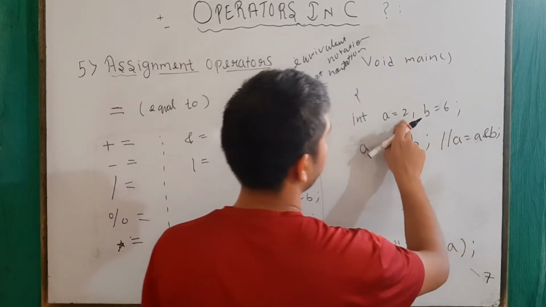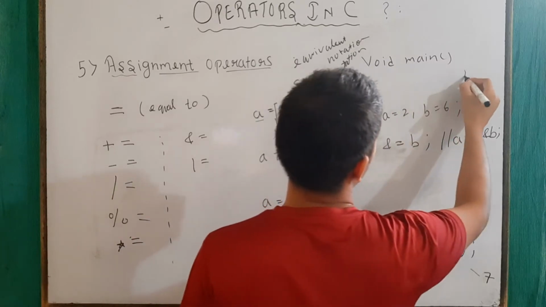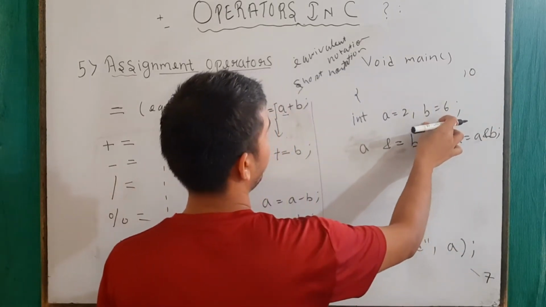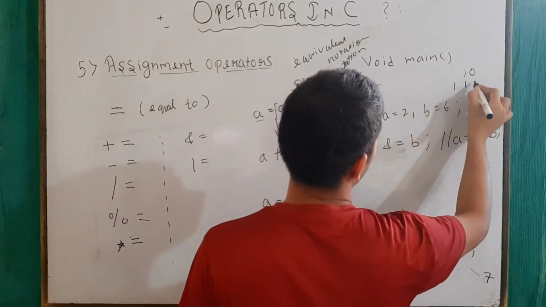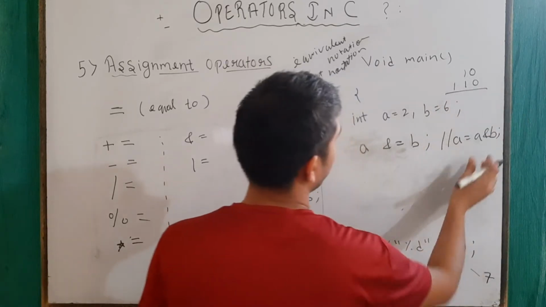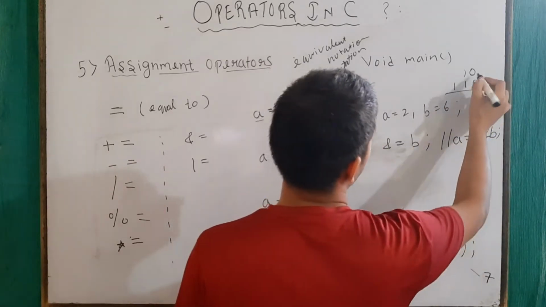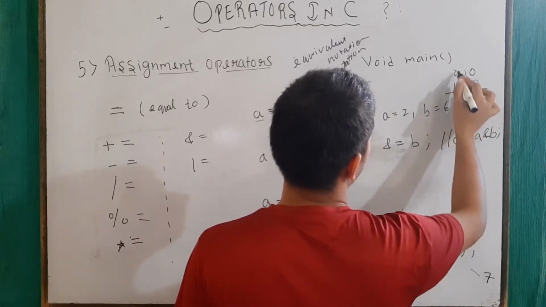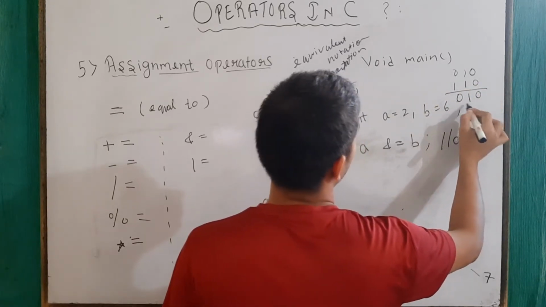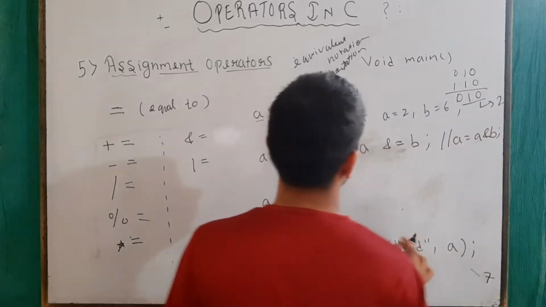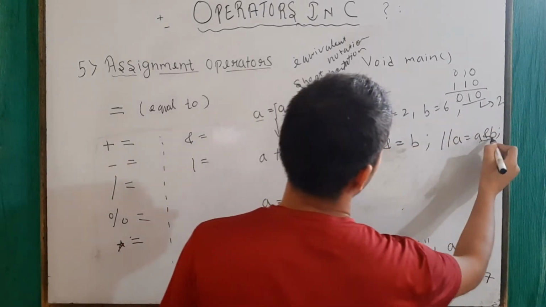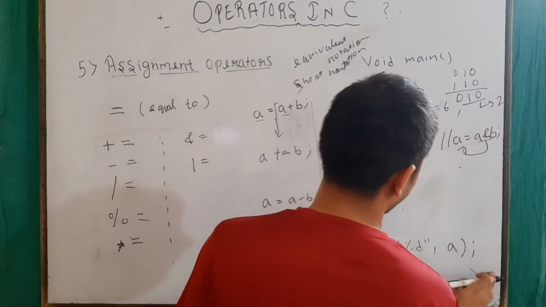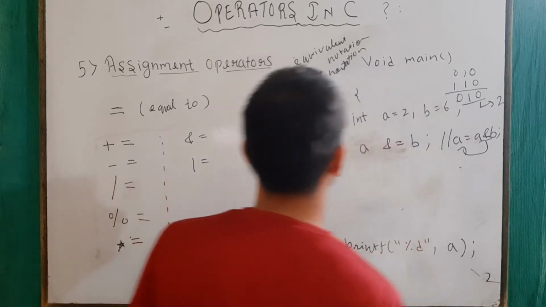Now first I will find the binary equivalent of 2, which will be 1 0, and the binary equivalent of 6, which will be 1 1 0. Now I will find the and, which means 0 and 0 is 0, 1 and 1 will be 1, 0 and 1 will be 0. So the binary equivalent will become 2. So a will become 2, and the final output will be 2.